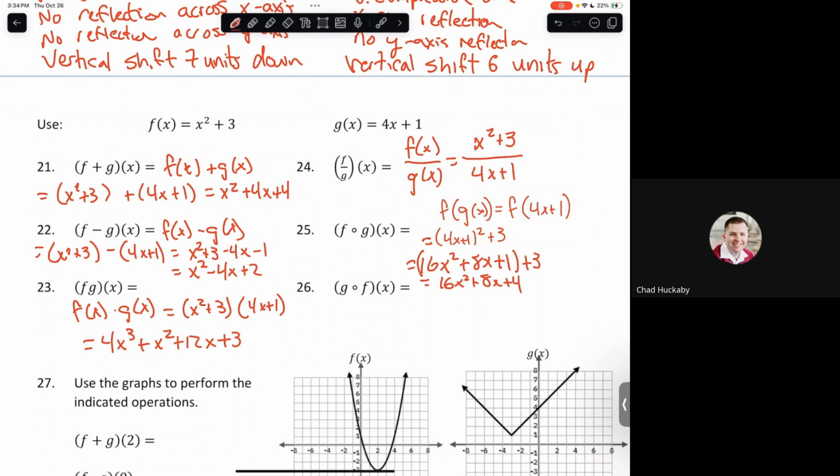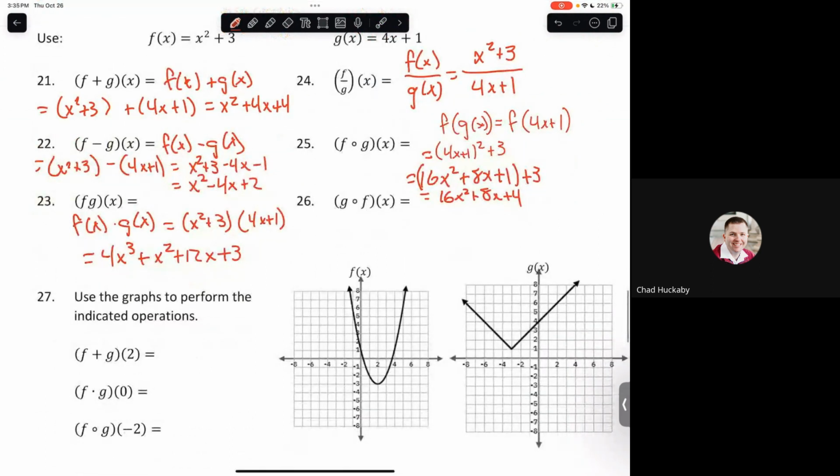And then finally, g o f, g composed with f, is g of f of x, which is g of x squared plus 3, or 4 times x squared plus 3 plus 1. We can distribute that 4 to get 4x squared, 4 times 3 is 12, and 4 times 1 is 4.